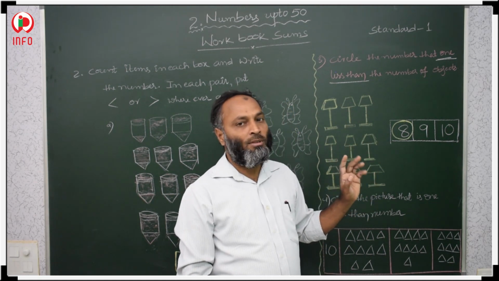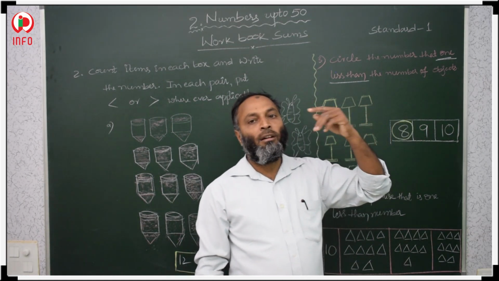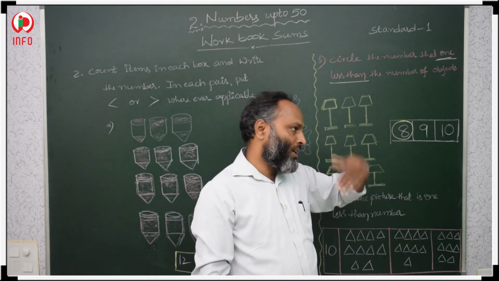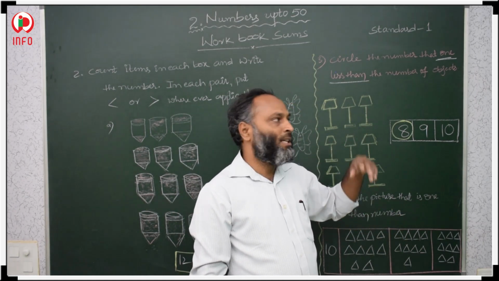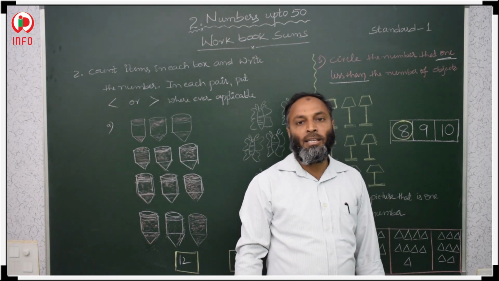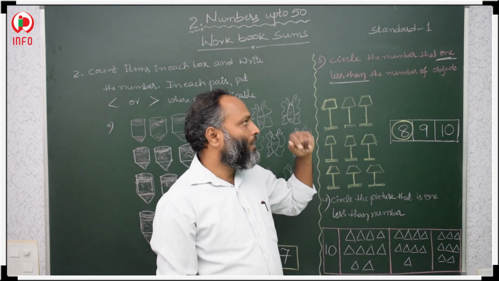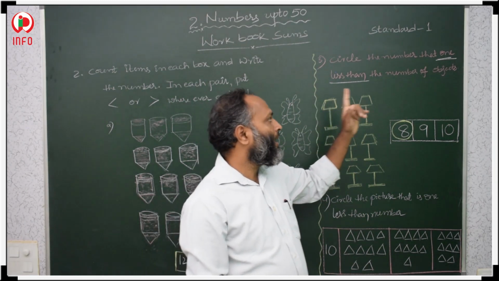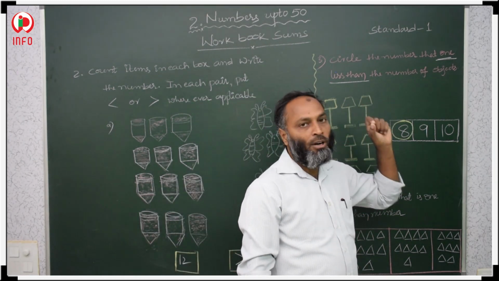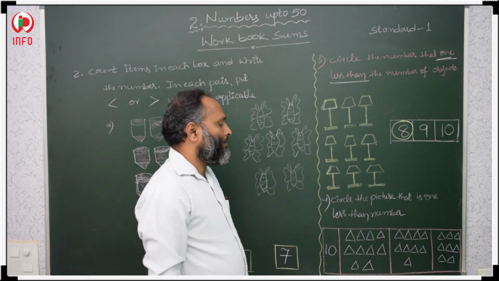Total 9 lamps. Don't be confused; don't circle this 9. You make one less. One less means one decrease. After decreasing one, you will get 8. You circle 8. This is the method. First we have to understand the problem, and after that we apply whatever he is asking.